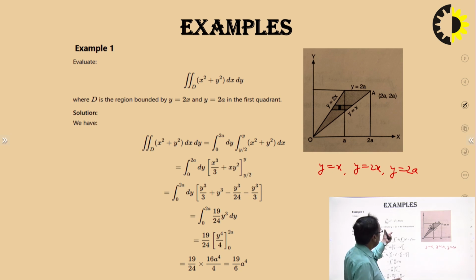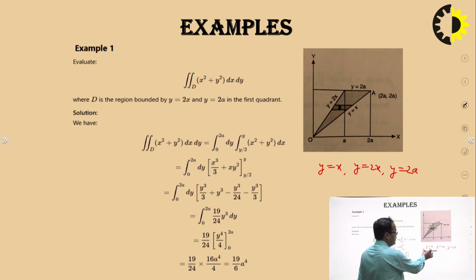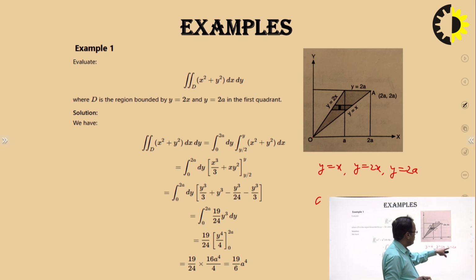From this integral, first of all we make the figure. y is equal to x is the equation of a straight line passing through the origin. y is equal to 2x is also the equation of a straight line passing through the origin. y is equal to 2a is the equation of a straight line parallel to the x-axis.